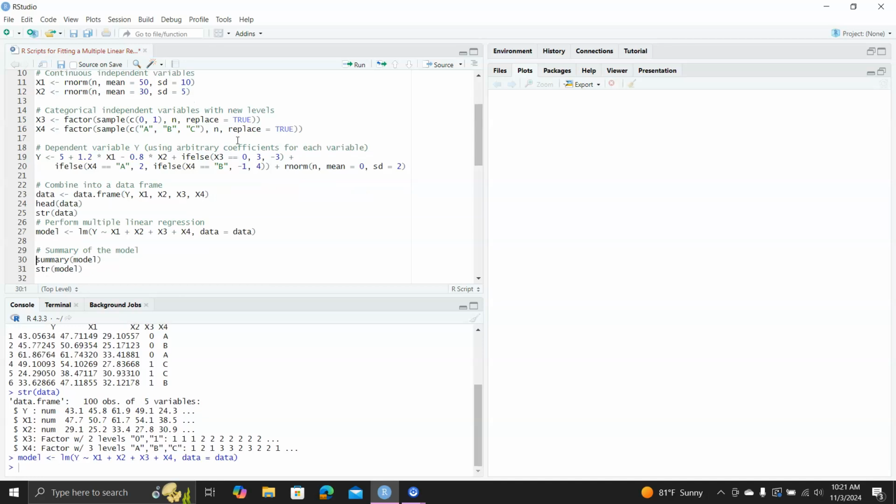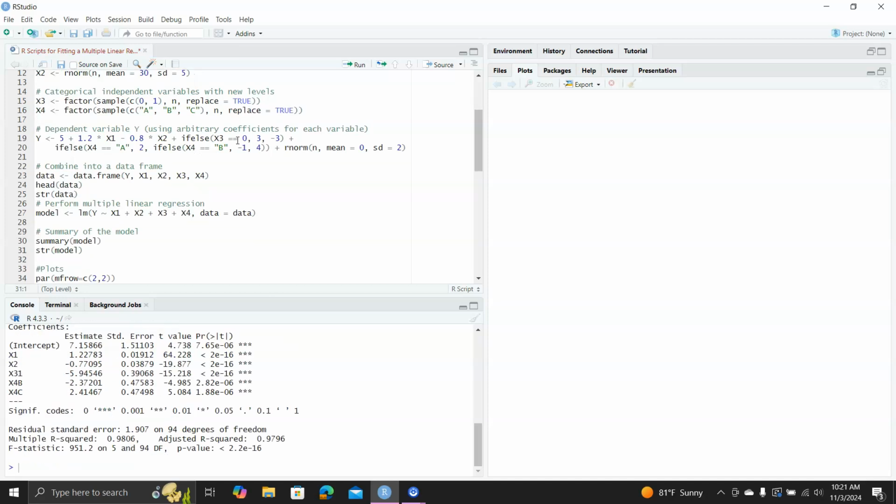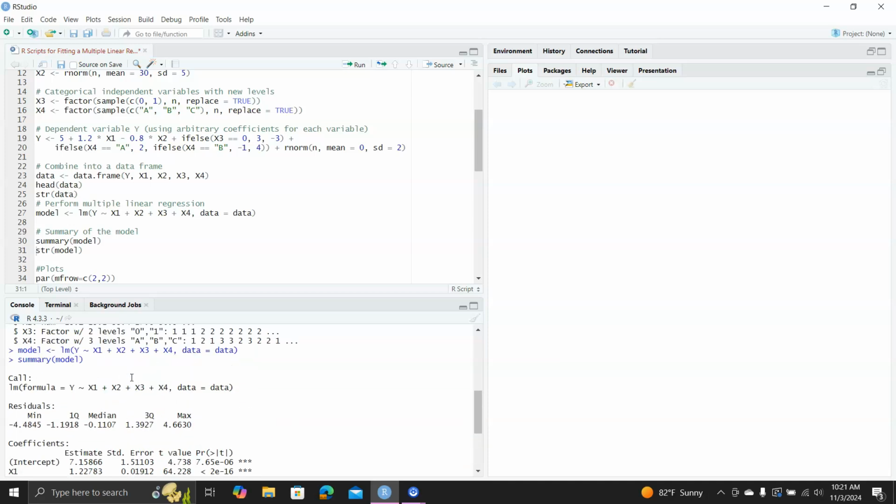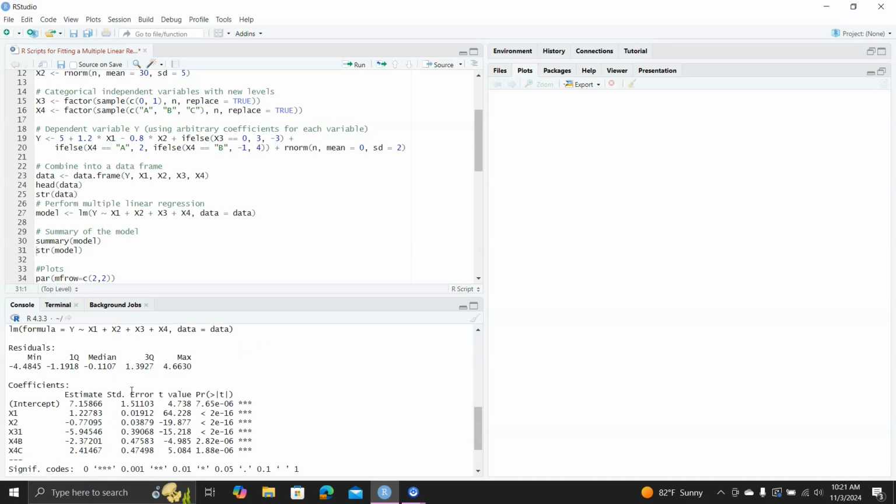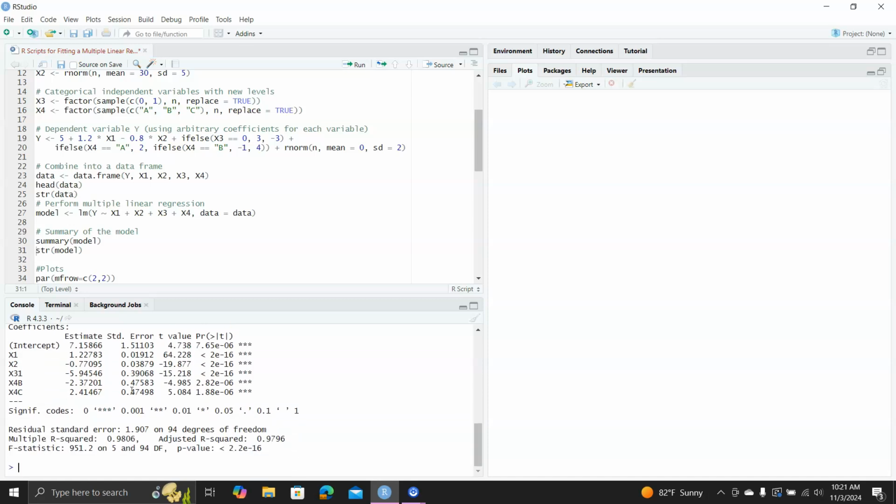And if you want to look at the outputs, you can use the summary of the model. You can see it has some summaries of this model output. You get the call, which is the formula for the model, the 5-point statistic of the residuals, and then you have this coefficients table with the intercept and the variables.